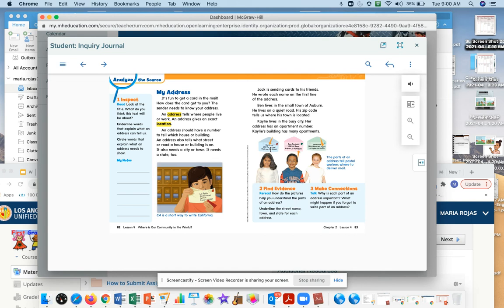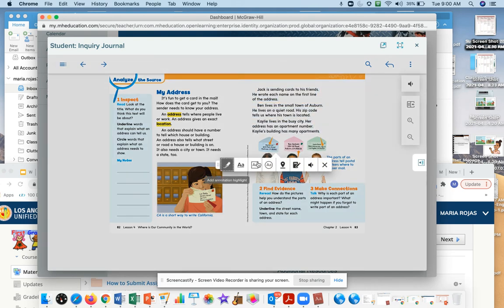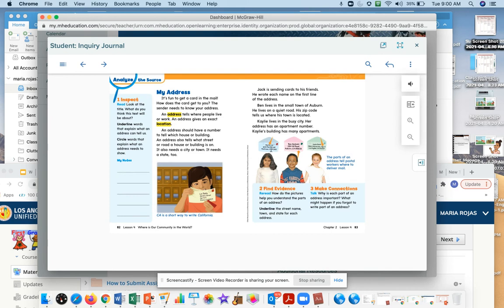The school's zip code is 91335. Okay, so it tells me the area because it's connected to the city. So this little number, 91020, is the zip code to that little girl's address. So that number tells the postal worker where it's actually going to go. And this helps the postal worker get this mail to this little girl's house.